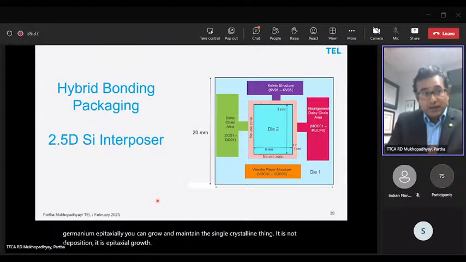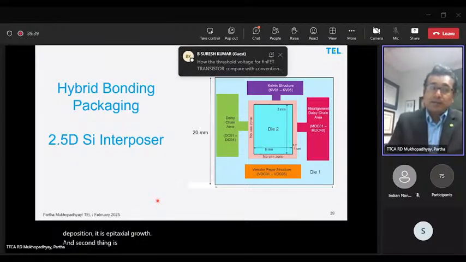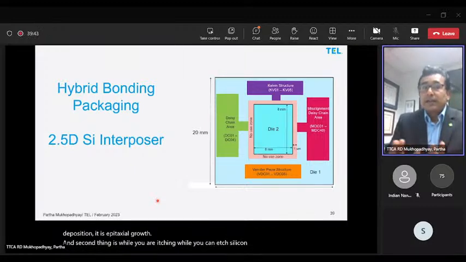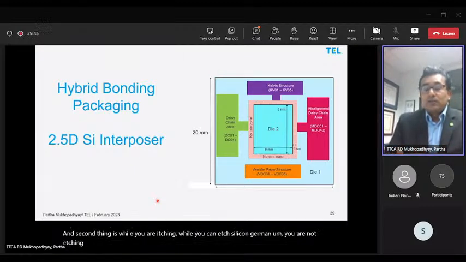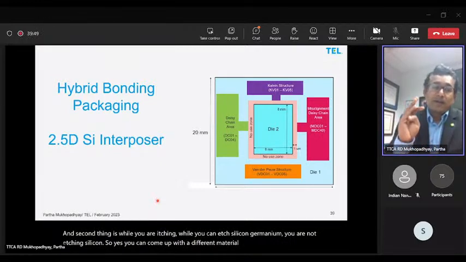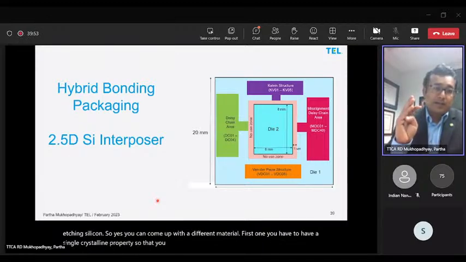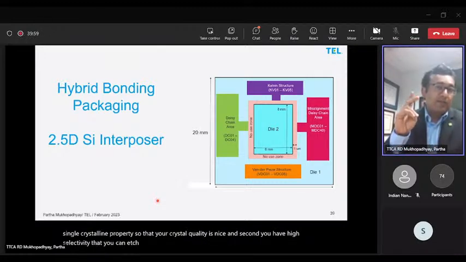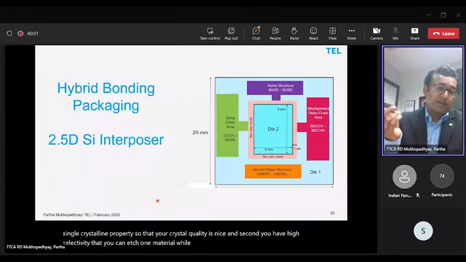And the second thing is, while you are etching, you can etch silicon germanium while you are not etching silicon. So yes, you can come up with a different material. First, you have to have a single crystalline property so that your crystal quality is nice. And second, you have etch selectivity, so that you can etch one material while you do not touch the other material.